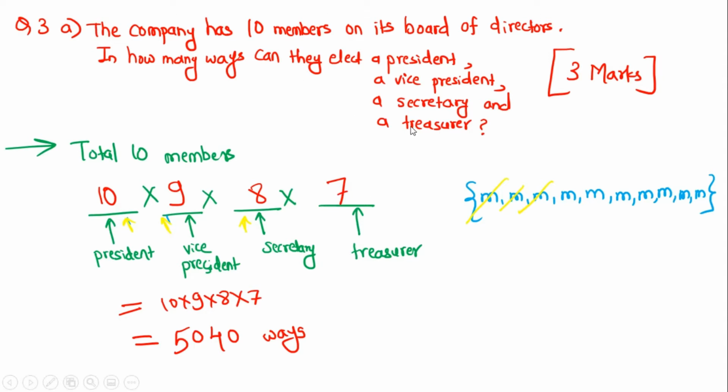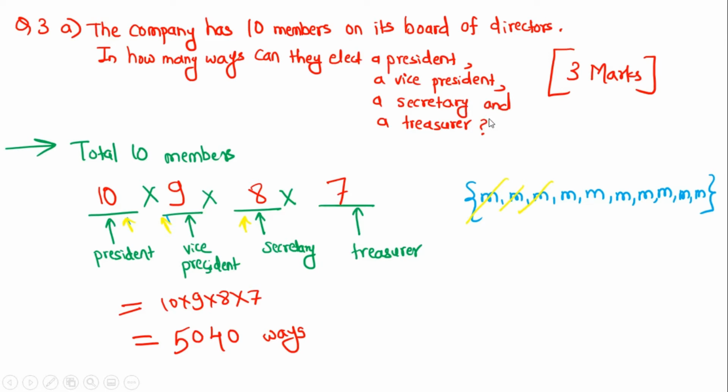And the last is that we have to select a treasurer. For treasurer, 3 members are already selected, that is a secretary, a vice president, and a president, among the 10 members. So we are remaining with 7 members. Among 7 members, you can select anyone as treasurer. Why have we multiplied these? Because it is asked in how many ways you can select president, vice president, secretary, and treasurer.